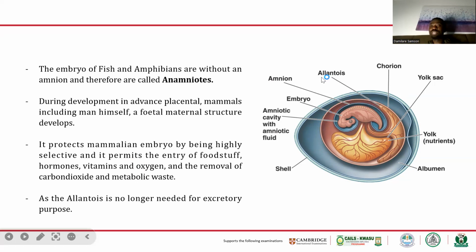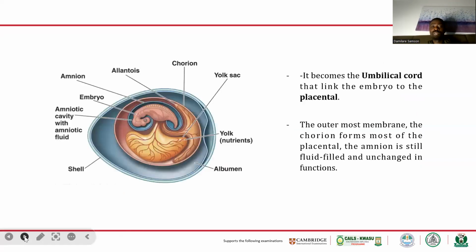So in eggs you still have the allantois to remove excretory products, but in mammals you don't need the allantois again. Instead, you now have a well-developed one, which is called the placenta.